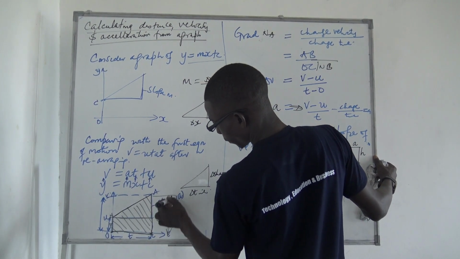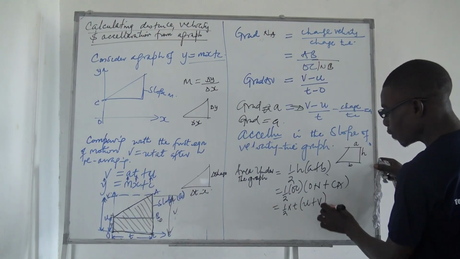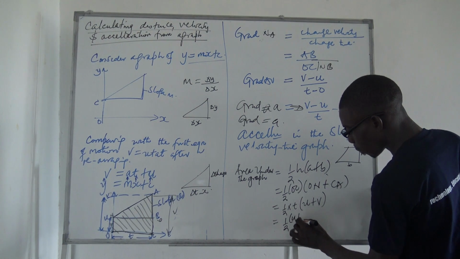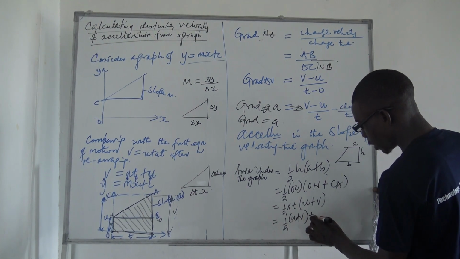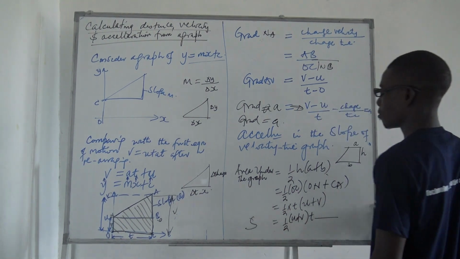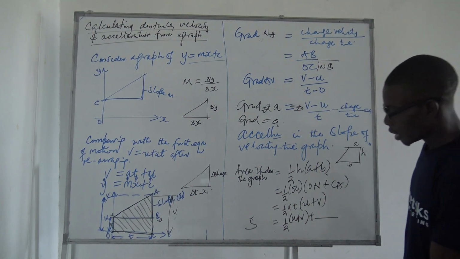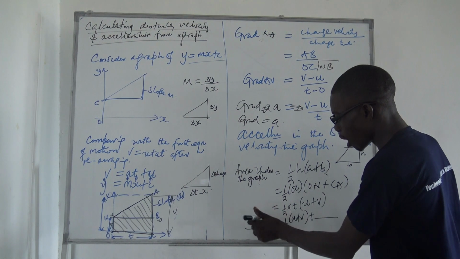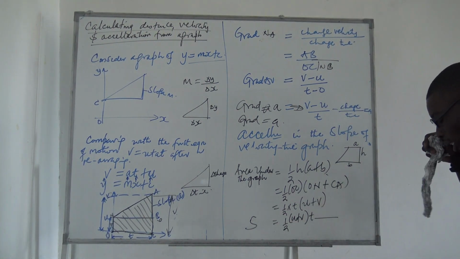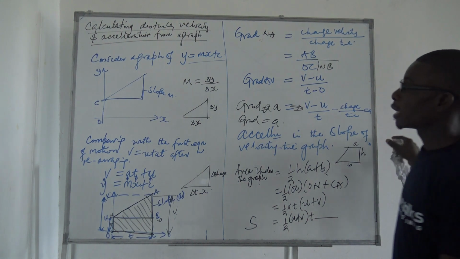If you look at this properly, it is a half into U plus V times T. In our derivation, this is the same as S. This is standing for displacement. Displacement will be equal to average velocity times time.